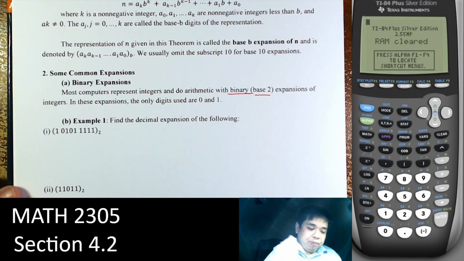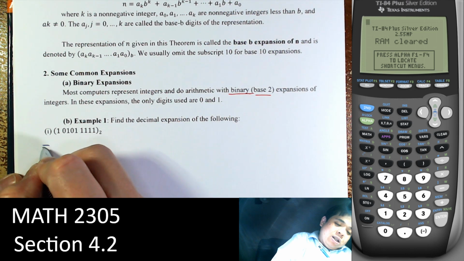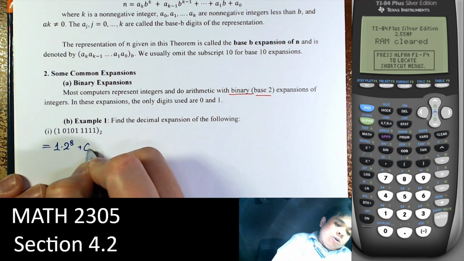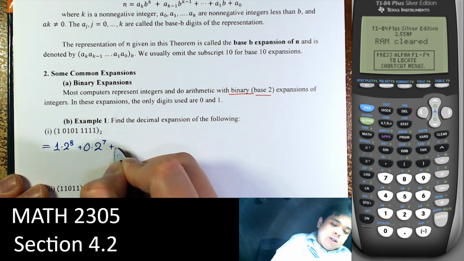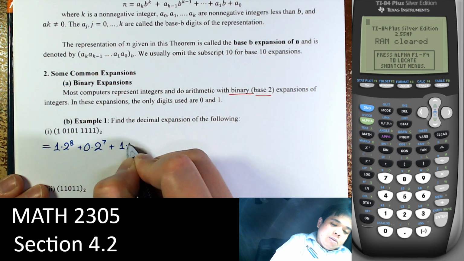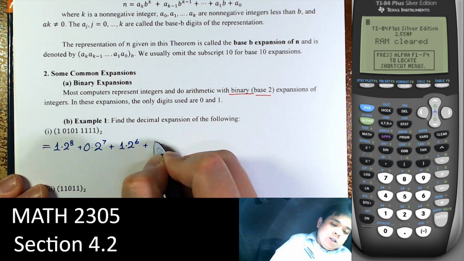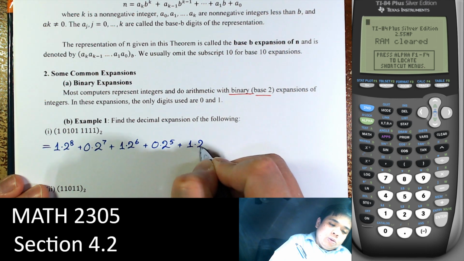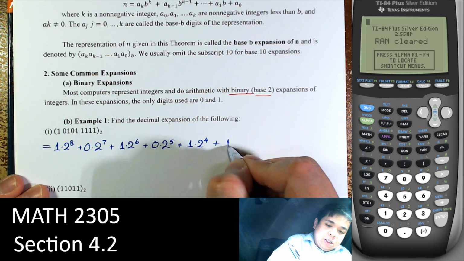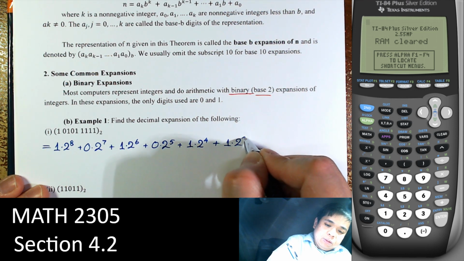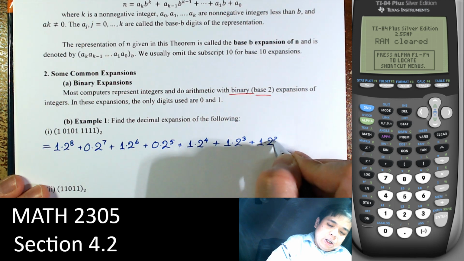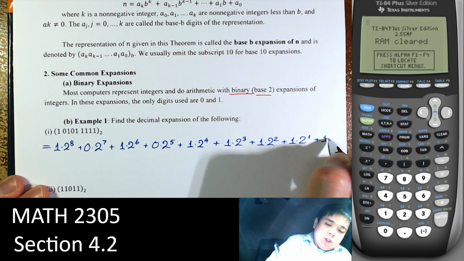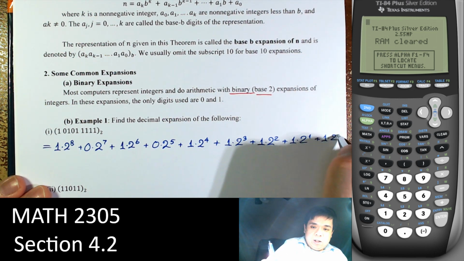Counting from 0, in this case we write this as 1 times 2 to the 8 plus 0 times 2 to the 7 plus 1 times 2 to the 6, 0 times 2 to the 5th, 1 times 2 to the 4th, 2 cubed, 2 squared, 2 to the first, and then 2 to the 0 power, or just 1.